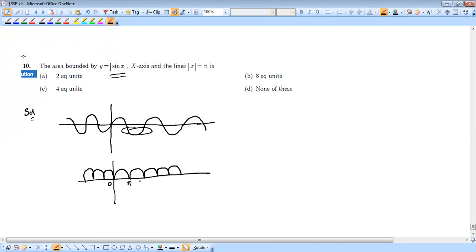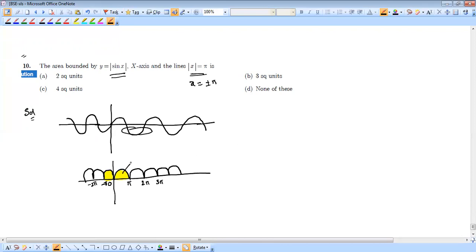So 0, pi, 2 pi, 3 pi, and on this side minus pi. So it will go on. This is modulus sin x. And he said modulus x is equal to pi, so x is equal to plus or minus pi. It means you have to take from here to here. When you look at the graph, both parts are symmetrical to each other.